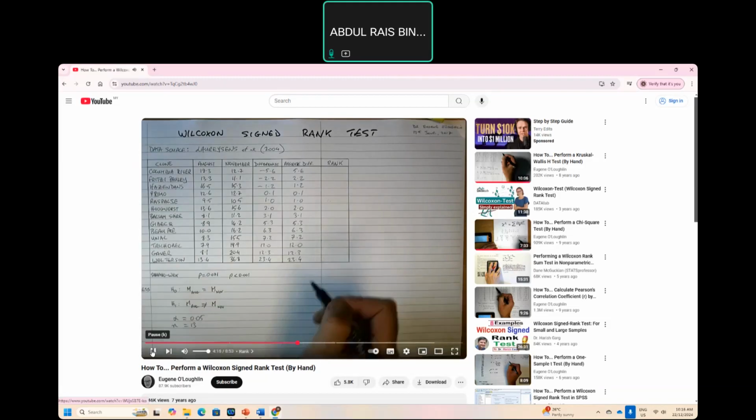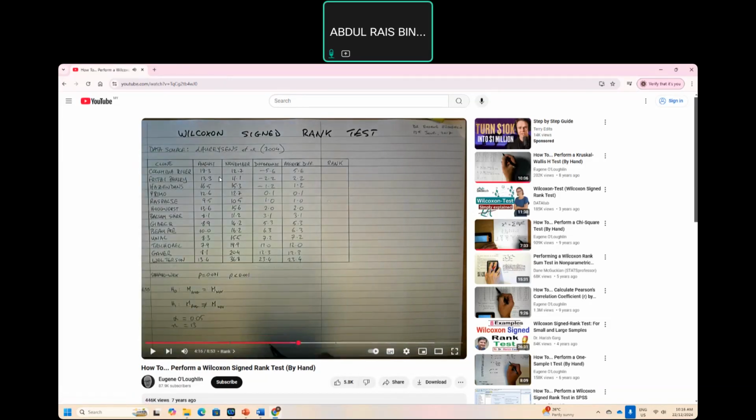Our next job is to rank these. What I skipped is how he got the difference between the two values. Let's take an example: August, Columbia River 18.3, November 12.7. So he got a difference of negative 5.6, meaning from August to November there is a decrease. It's negative. For those with an increase, let's look at this one, Redford 9.5 going up to 10.5, he wrote it as 1, or positive 1. Okay.